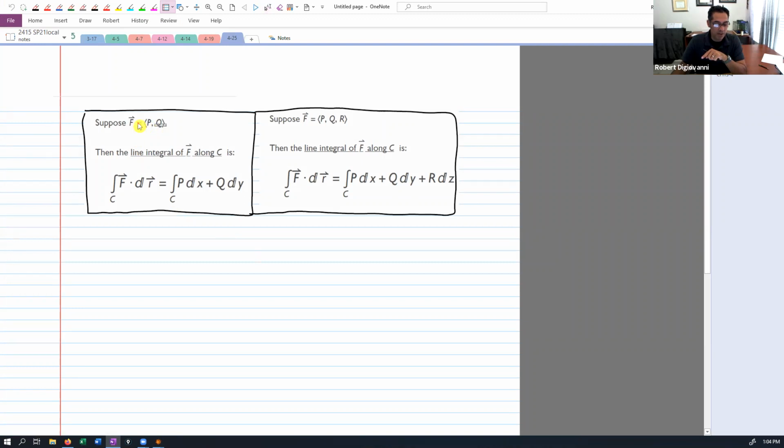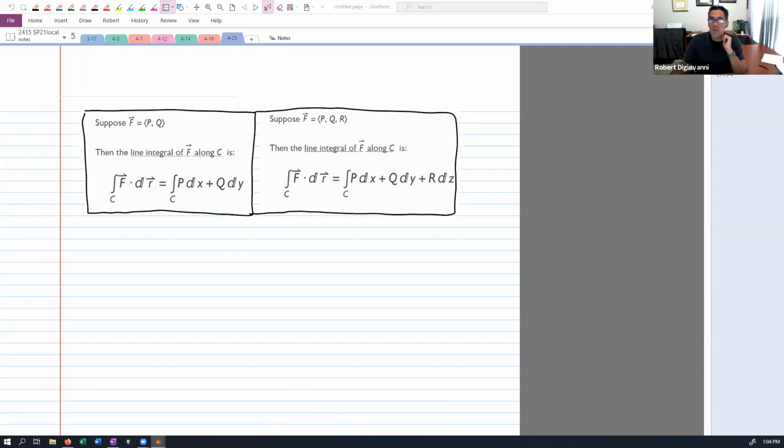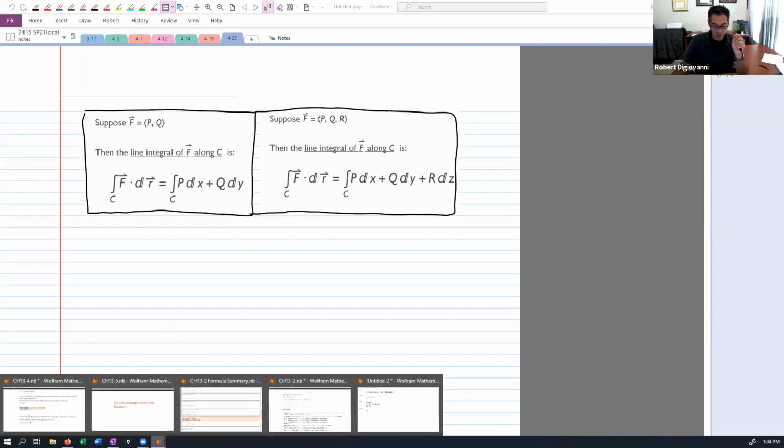For a two-dimensional vector field, work is F dot dr, which turns out to be the line integral over C of P dx plus Q dy. And then in 3 dimensions, it's this, but we are focusing on this right now, 2-dimensional. Green's theorem is going to allow us to do line integrals with double integrals instead.